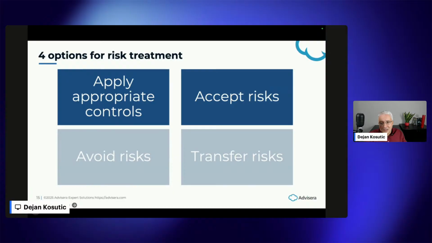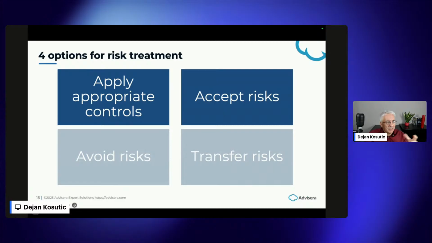The other option for actually treating or mitigating risks is this acceptance of risk. Now, in which cases can you actually use this acceptance of risk? Let's say, for example, that you calculated that there is a risk and that the total damage, if this risk materializes, is, let's say, $10,000.